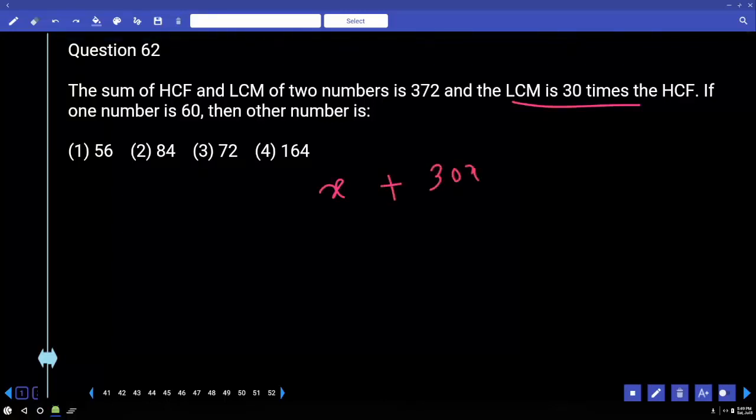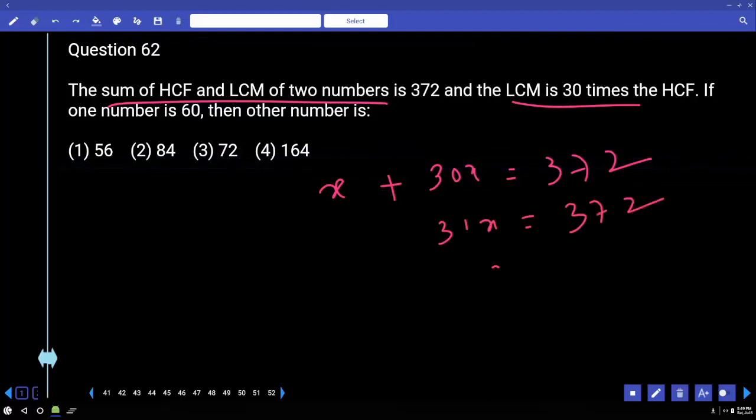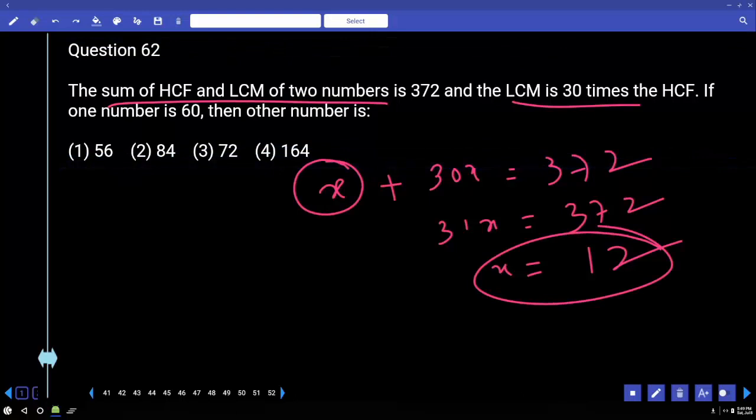Total is that is 372, isn't it? 31x equal to 372. x equals to 1 time, 2 times, 12, x equals to 12. If x equals to 12, therefore HCF is 12. Therefore numbers must be multiples of 12. This is multiple of 12. Another number must also be multiple of 12. ఇది మల్టిపులే, ఇది మల్టిపులే. ఓకేనండి? అప్పుడు what is the product of numbers?